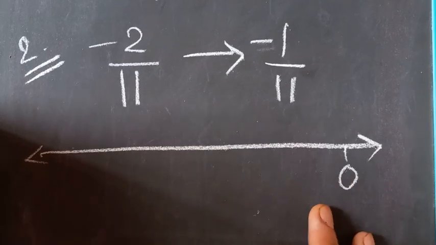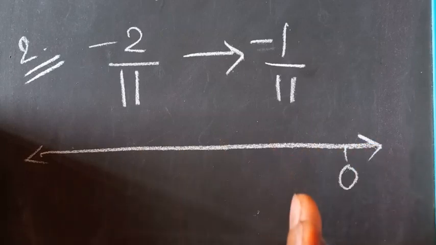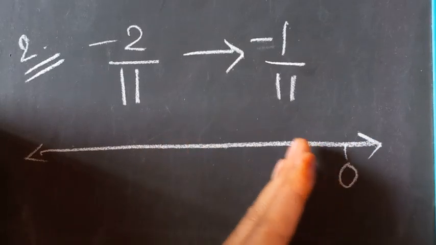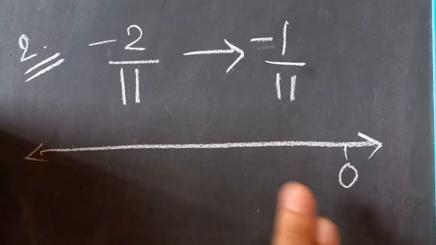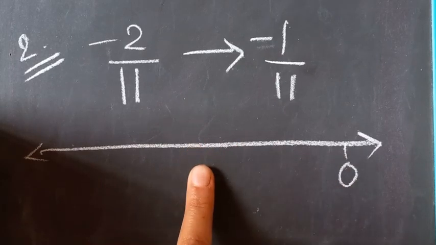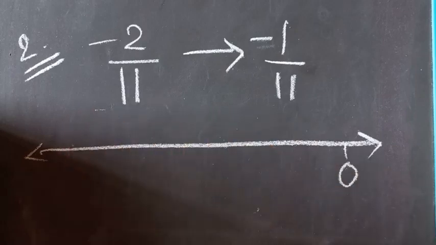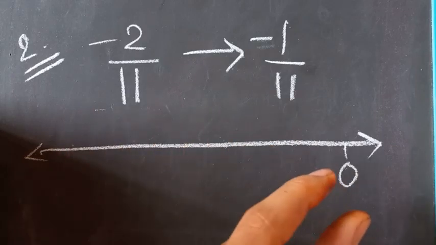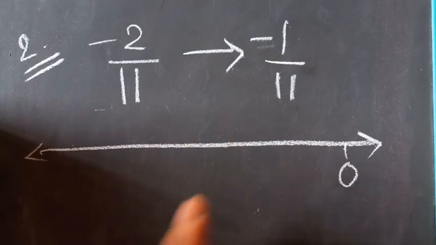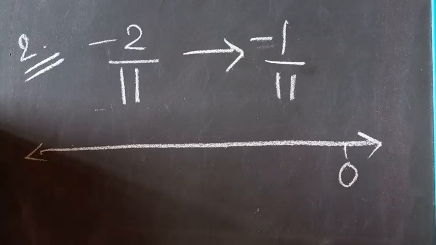We write 0 at the right side because we do not require positive numbers. If we required positive and negative, we would write 0 in the middle, but here we have to represent only negative numbers, so we write 0 here on the right-hand side.